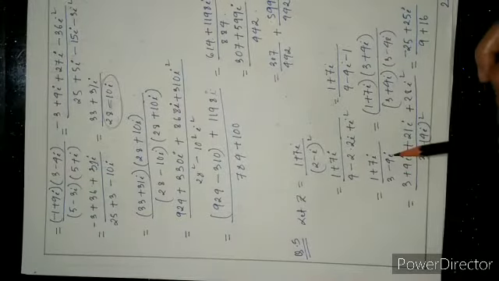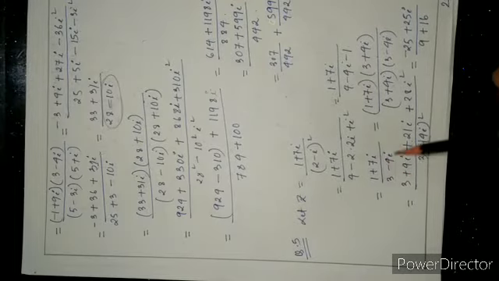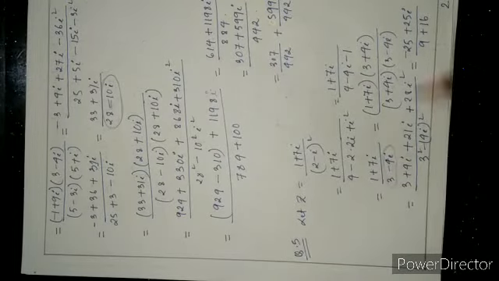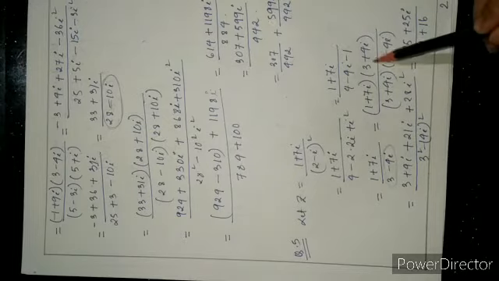Now 3 minus 4i is a complex number in the denominator, so rationalize it. To rationalize, change the minus to plus and multiply: multiplying denominator and numerator by 3 plus 4i.